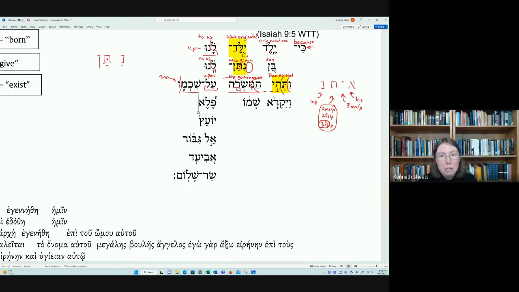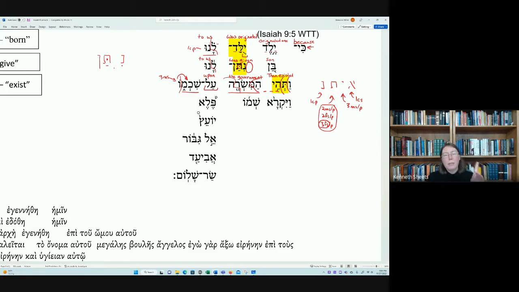is basically shechem, which is shoulder. And this particular word, having that pronominal suffix attached to it, is going to be in the construct, and the third masculine singular suffix is going to be the absolute. Now, remember, construct nouns, they cannot take the article, so thus they are made definite by their absolute.